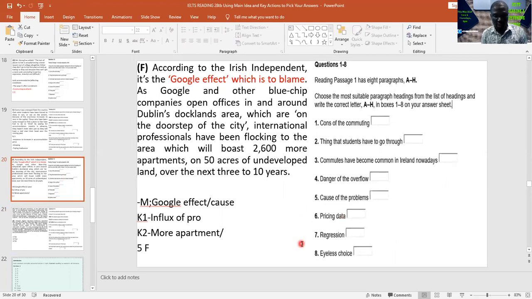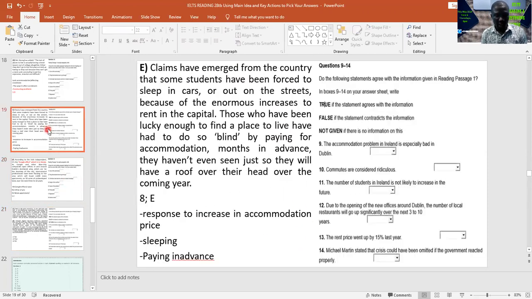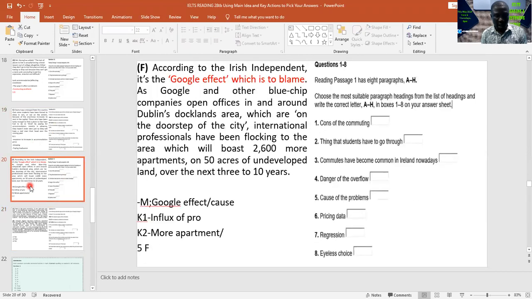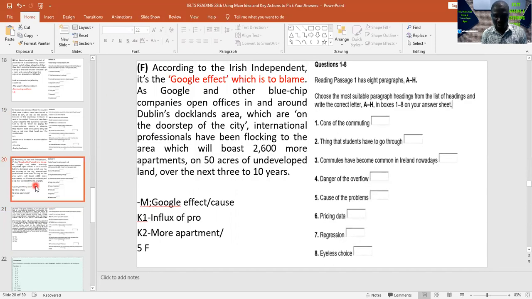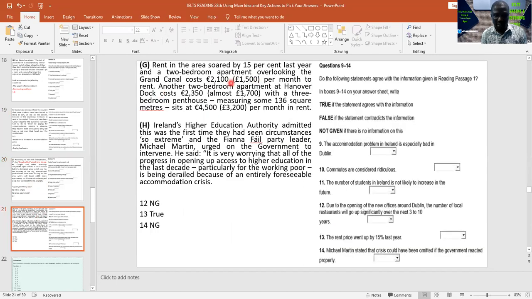Okay, so G and H were talking about pricing. Yeah, pricing throughout. So it is more of pricing data, because it littered the whole place with prices. And it was not about decreasing, it was about increasing. So we can't say it deals with that.